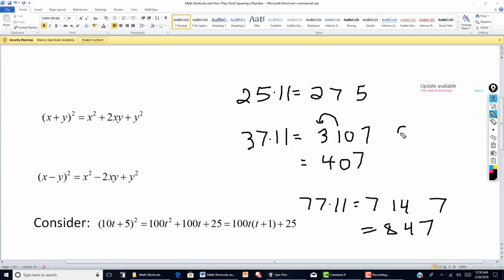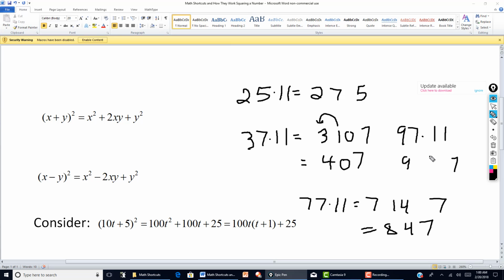Try another one. Let's say 97 times 11. Okay, so again, the rule is you bring down the 9, first digit and the last digit, use the space, and then add the two digits. And if it's a single digit, that'll be your answer. You split it in. But if it's 10 or larger, you have to carry.